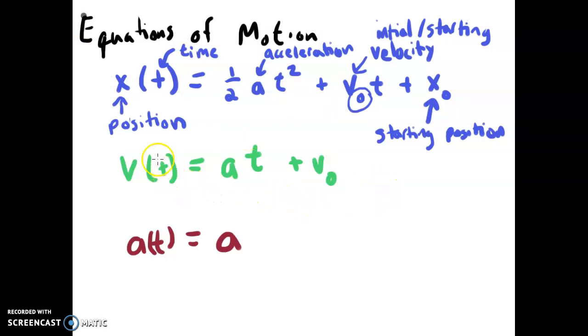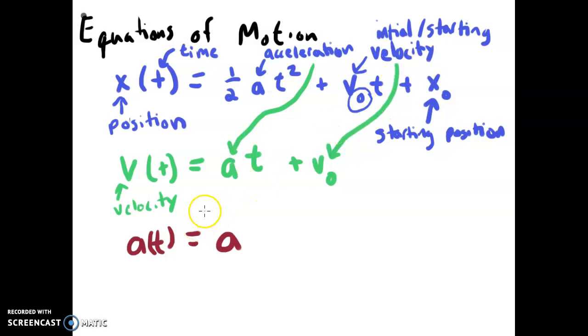I'm going to talk about our next equation. Well, v, we already know v is velocity. T is time. A is acceleration. I can save a little time, just draw an arrow. And v naught is the initial and starting velocity. And notice in our last graph, a is acceleration, the same acceleration.